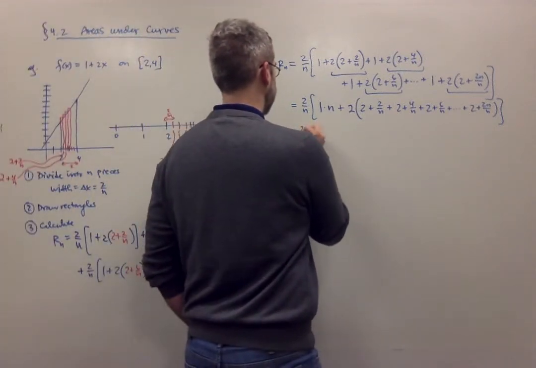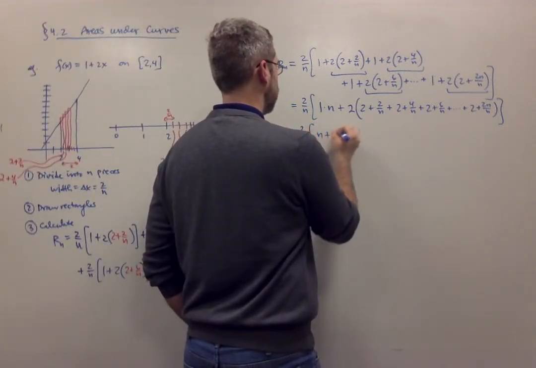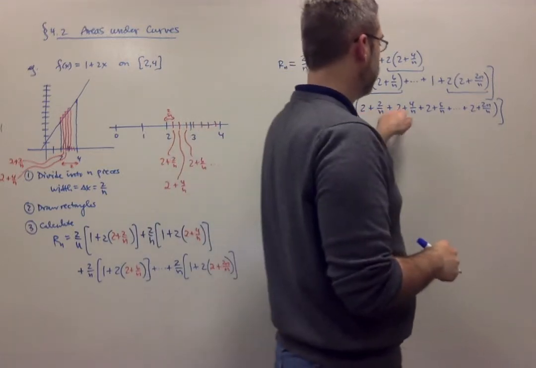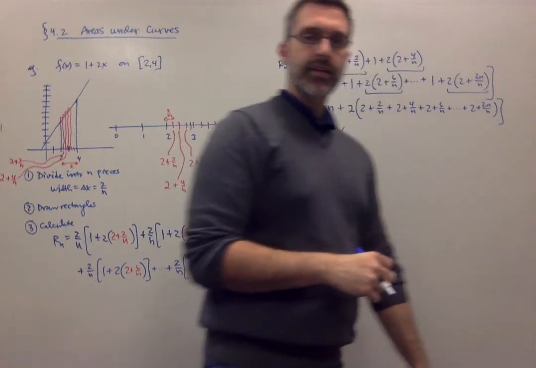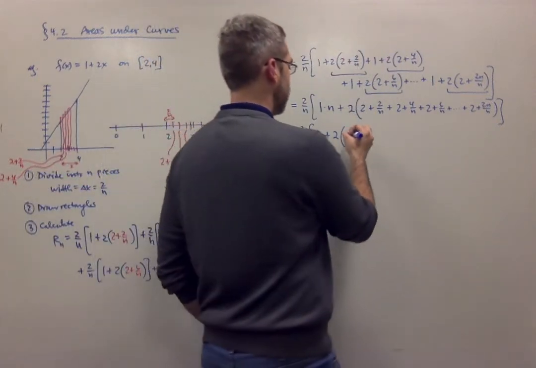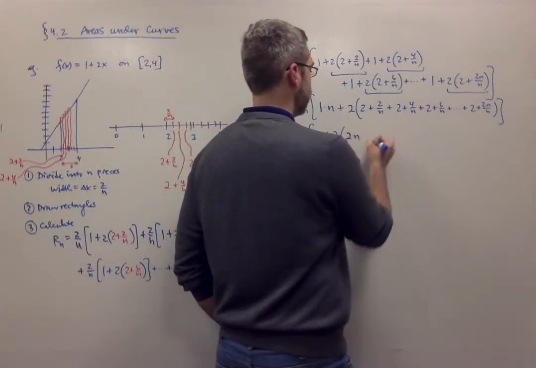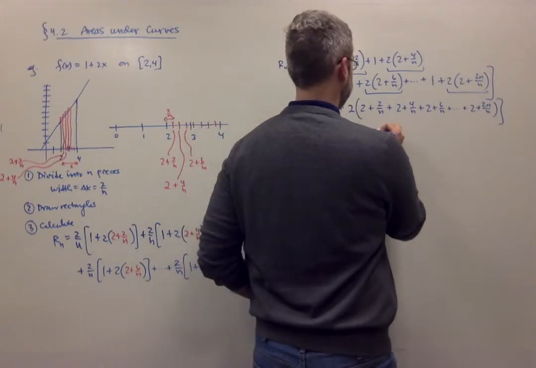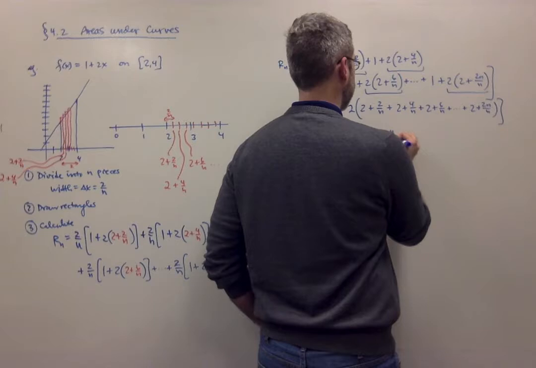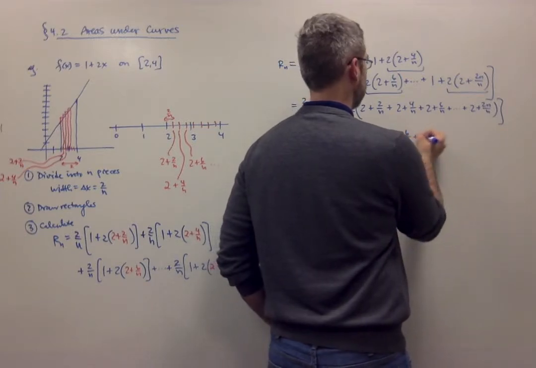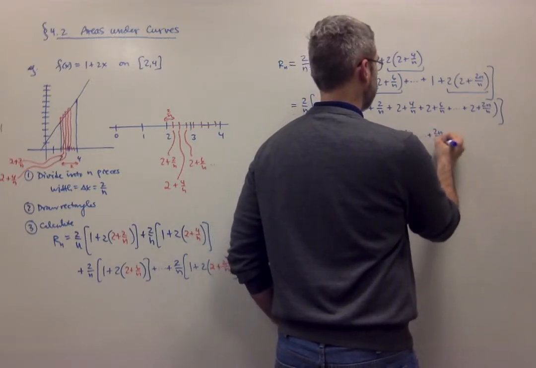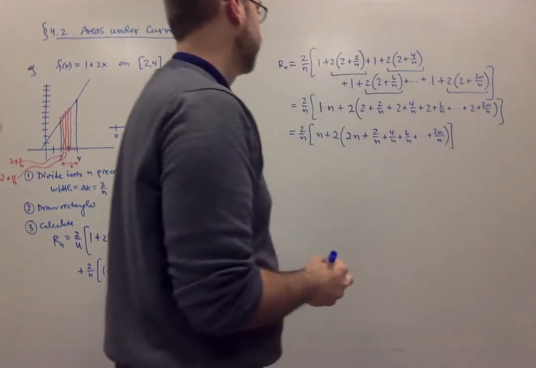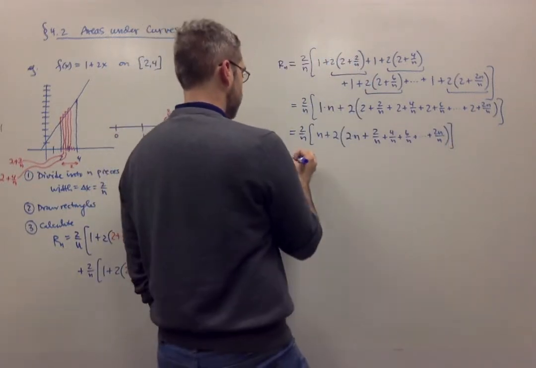So we've got 2 over n, n plus 2 times. Now notice I've got a bunch of 2's here. I've got n of those 2's, so let's just call that 2 times n. And then what's left over is 2 over n, 4 over n, 6 over n, all the way up to 2n over n. We're almost there.